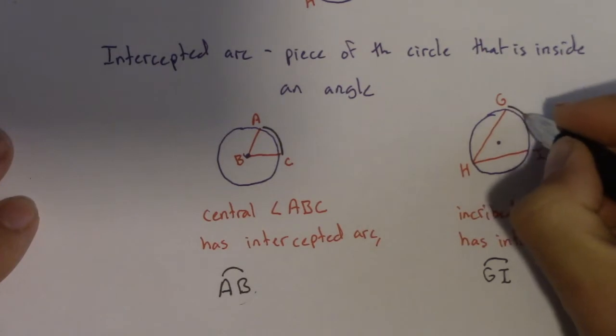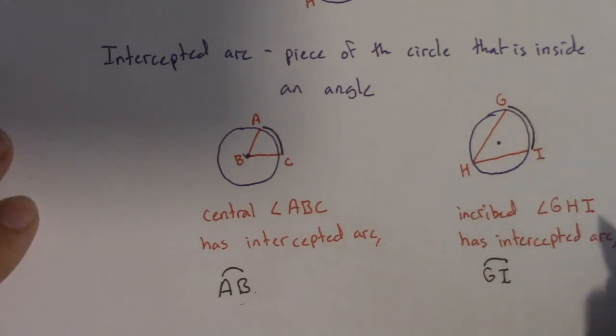It's the distance between the sides of my angle, and it'd be that arc piece that's being cut off.